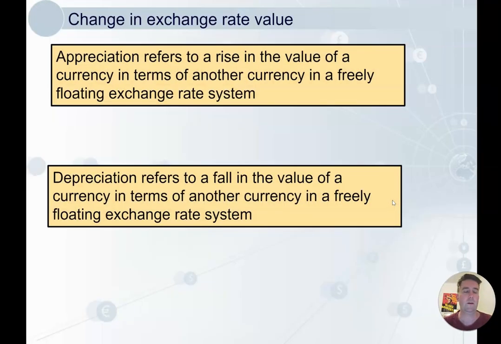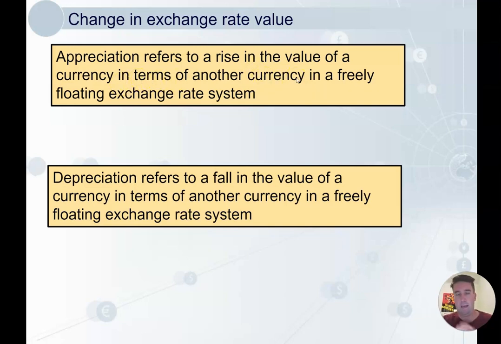Okay, a couple of definitions here. We'll use these a lot, so we'll get our heads around them really quickly. A rise in the value of a currency in terms of another currency. What a lot of people already would know is that appreciation refers to a rise in the value of a currency. What we have to say as a definition is in terms of another currency.